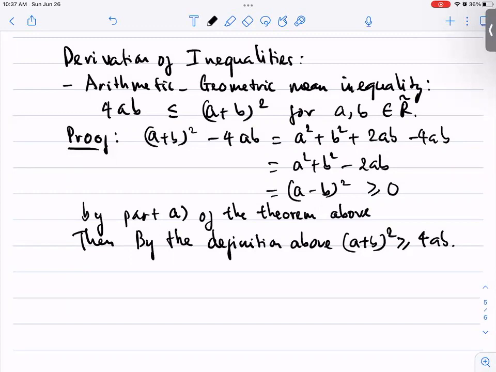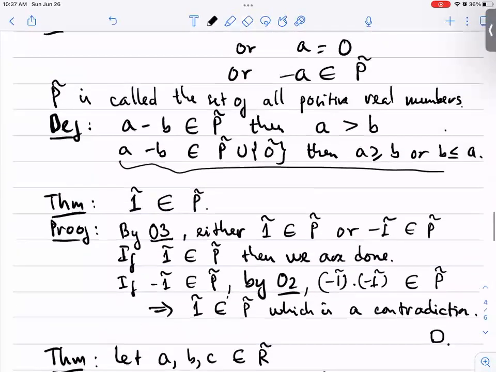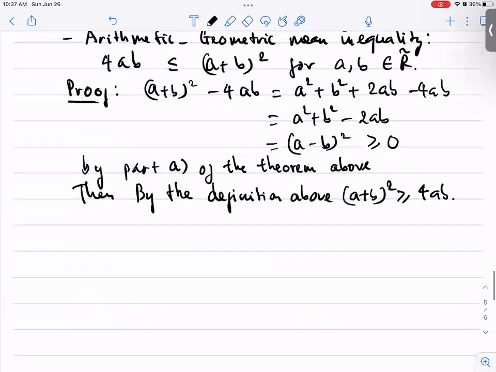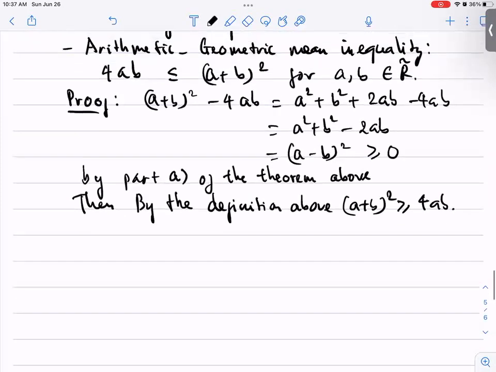That's why, by the definition above, when the difference between two numbers is a positive number, then we say that one is greater than the other. So in this case, because we include the possibility of being equal to 0, we say that A plus B squared is greater than or equal to 4AB.